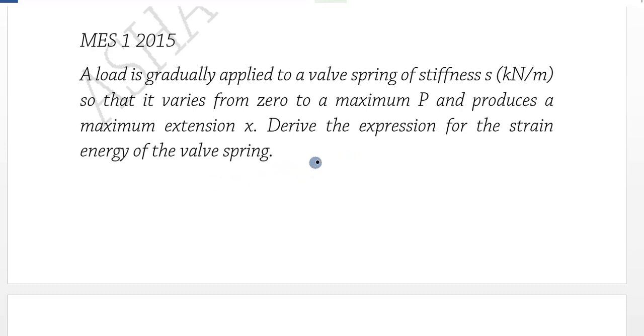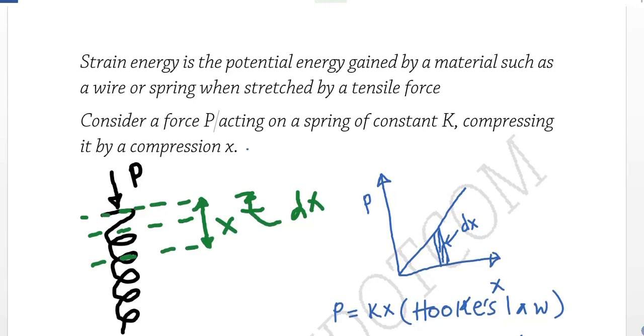This is a scenario whose kind of operation or application is found in the opening and closure of valves in an internal combustion engine. To answer this problem, we have to define what strain energy is. This is the potential energy that is gained by a material such as a wire or a spring when stretched by a tensile force.